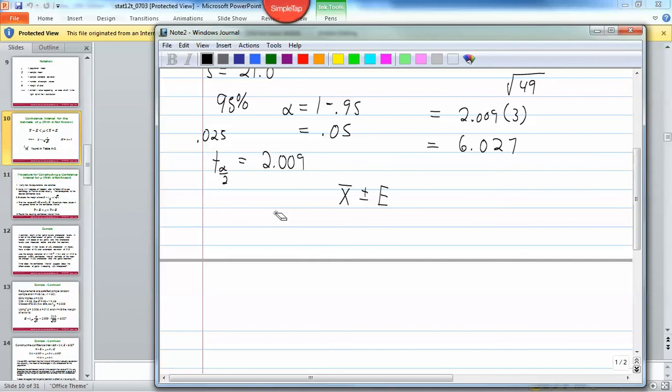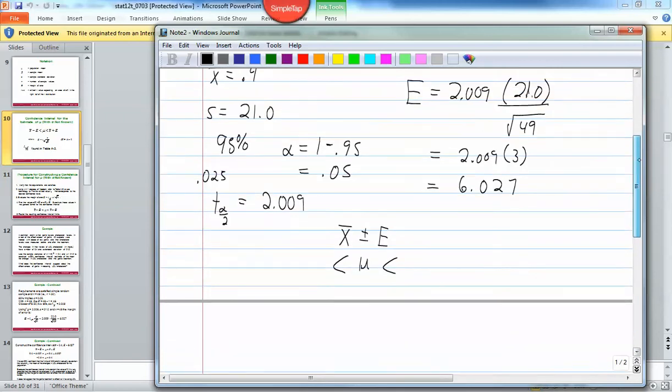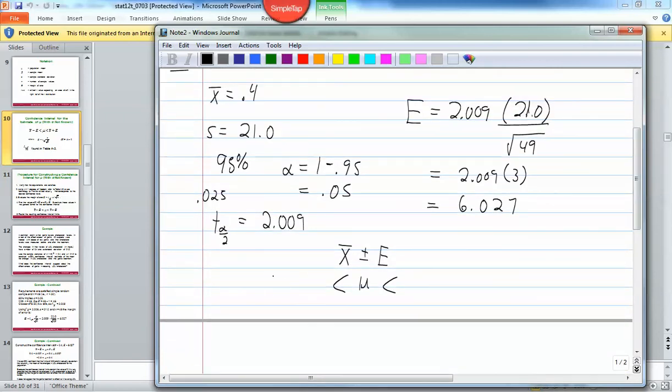I can write it any way, it really doesn't matter. I'll write it using the inequality symbols. So the left one here is x bar minus e, so 0.4 minus 6.027.